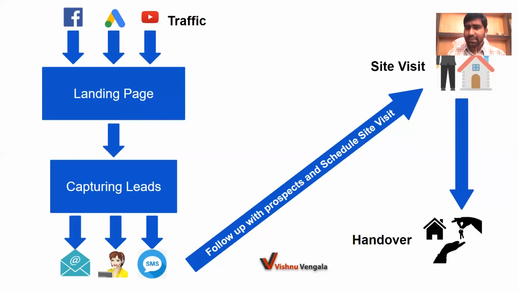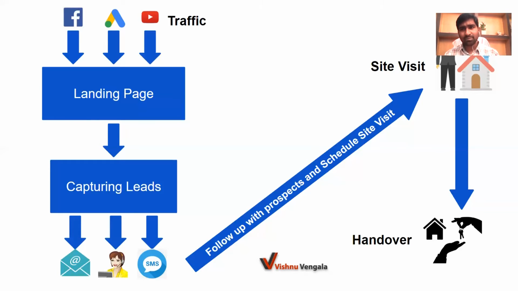And immediately you can also send an SMS saying thank you for showing interest in your project, and this is the location map details and the contact person, your salesperson's contact number and other details, you can send across by SMS to your potential customer.